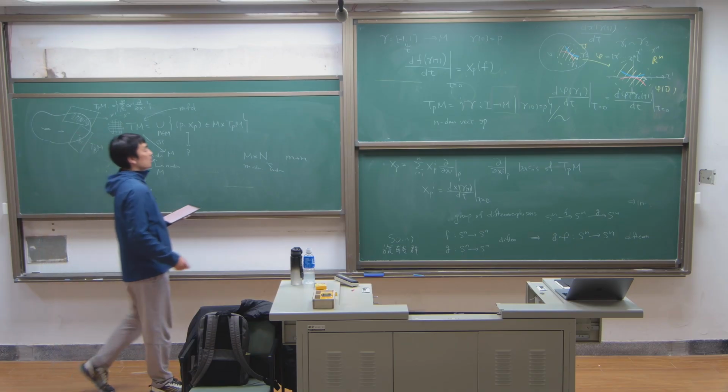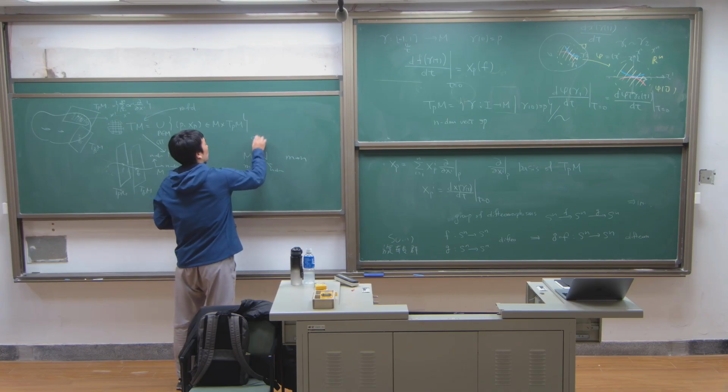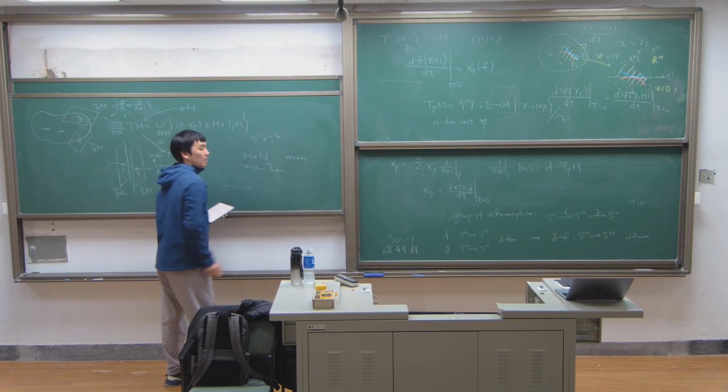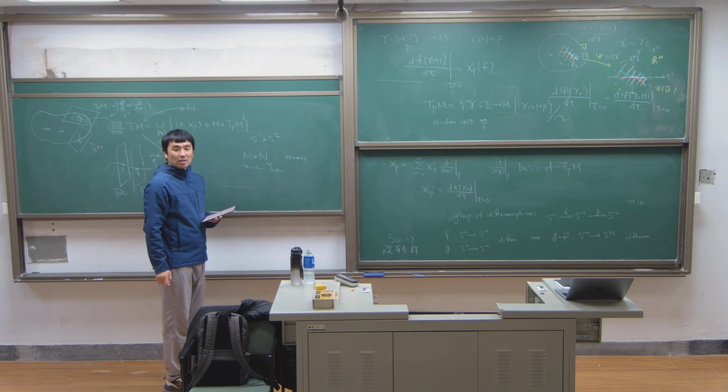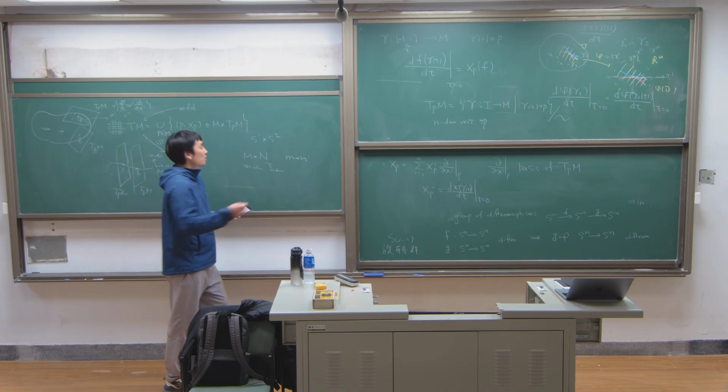Think about it. For instance, S1 times S1 is what? S1 product S1 is the torus, T2.